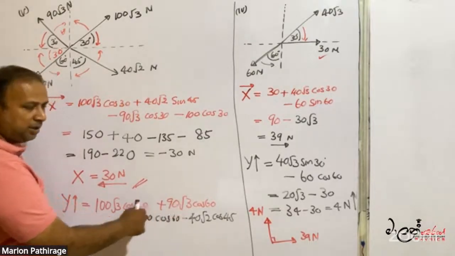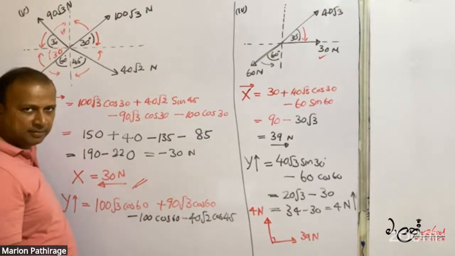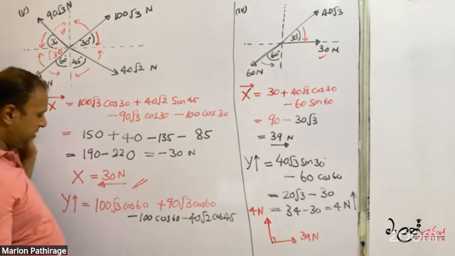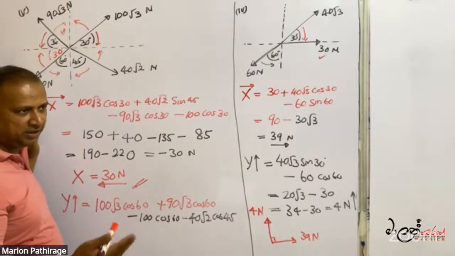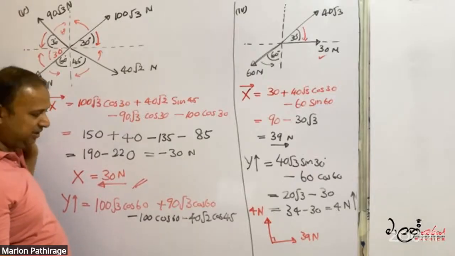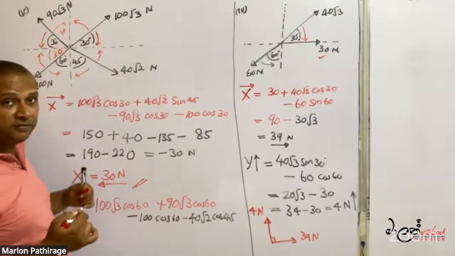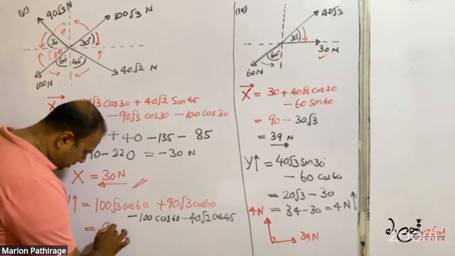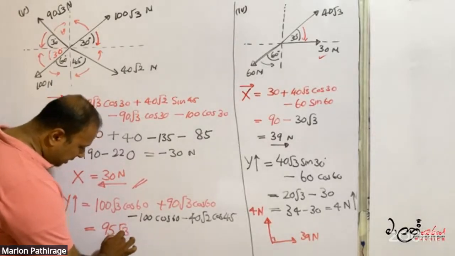Then 90 divided by 2 means 45 root 3. So 50 root 3 plus 45 root 3 gives 95 root 3.